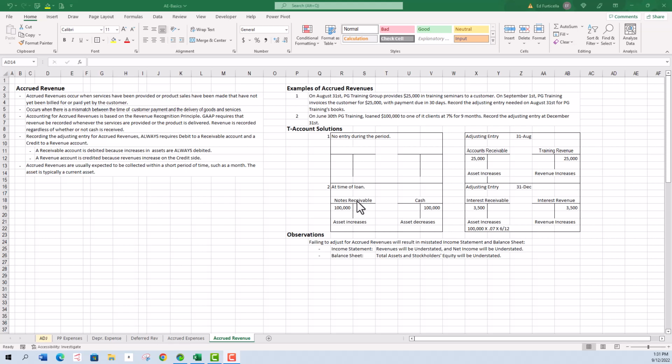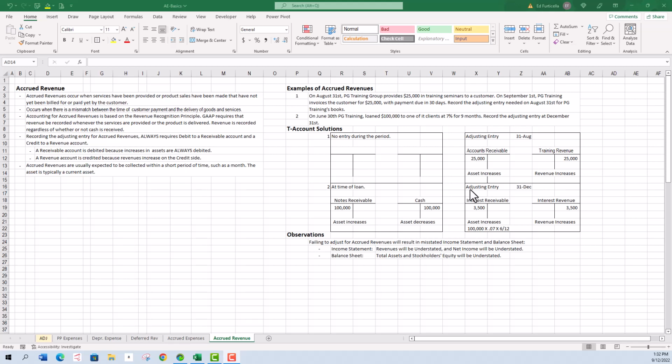We have loaned money to one of our clients. We've required that they sign a document that says they will pay us in 9 months and 7% interest. Notes receivable is an asset, it's increasing, so we debit it. We're lending out $100,000 in cash. Cash is an asset. It's decreasing because we're paying it out, so we credit it.